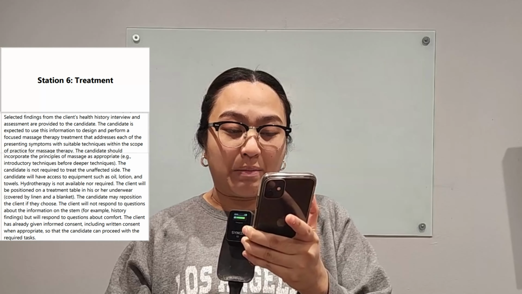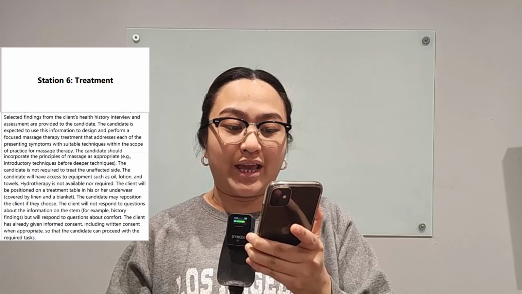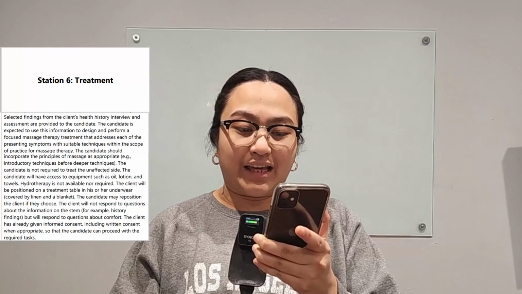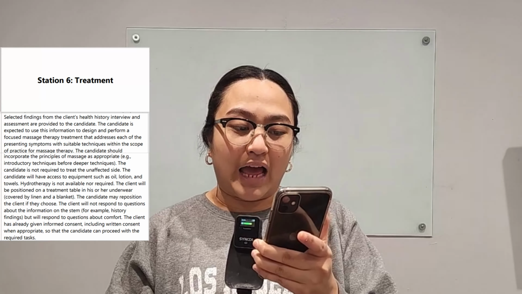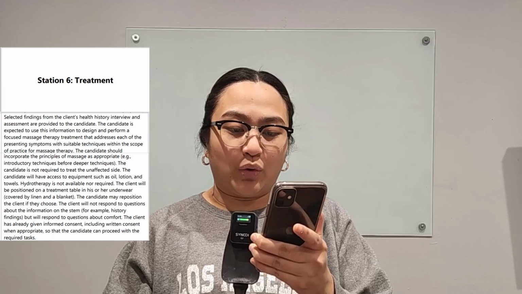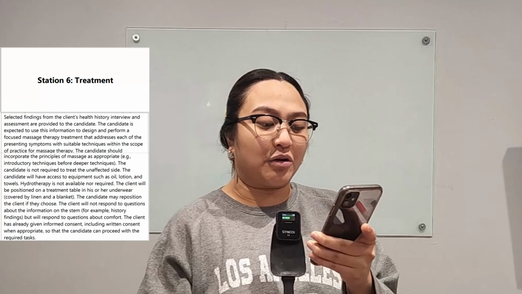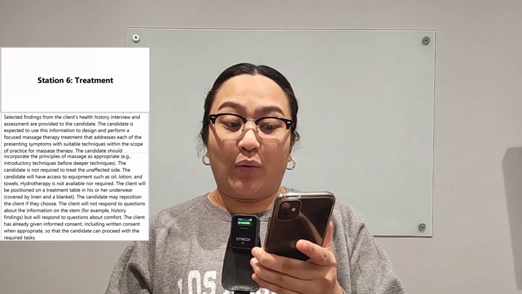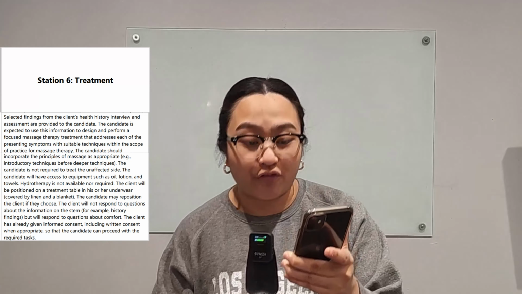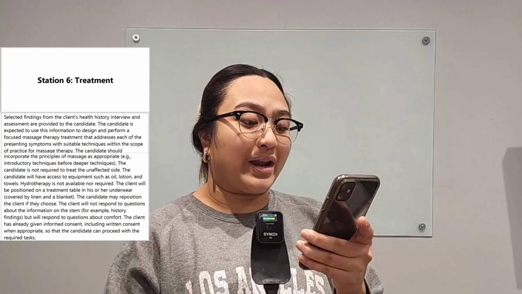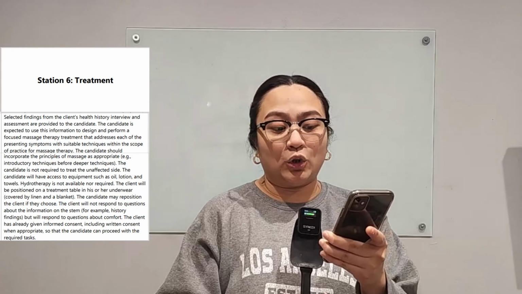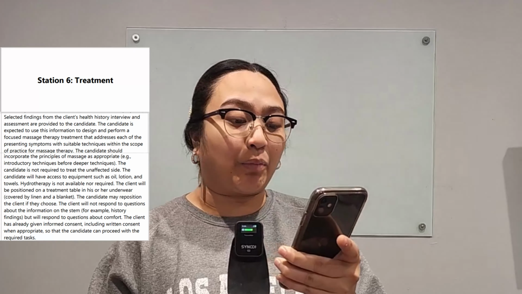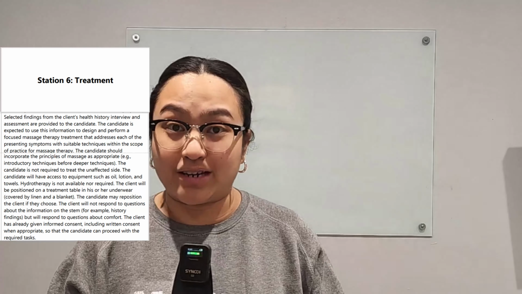The client will be positioned on the treatment table in his or her underwear, covered by linen and a blanket. The candidate may reposition the client if they choose. The client will not respond to questions about the information on the stem, for example, history findings, but will respond to questions about comfort. The client has already given informed consent, including written consent when appropriate, so that the candidate can proceed with the required task.